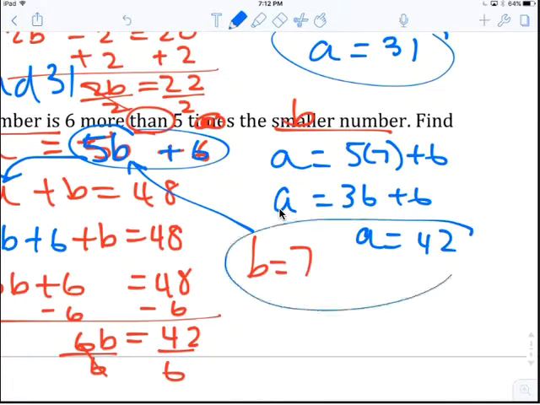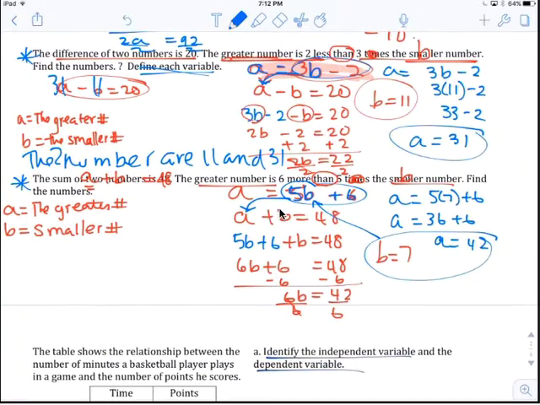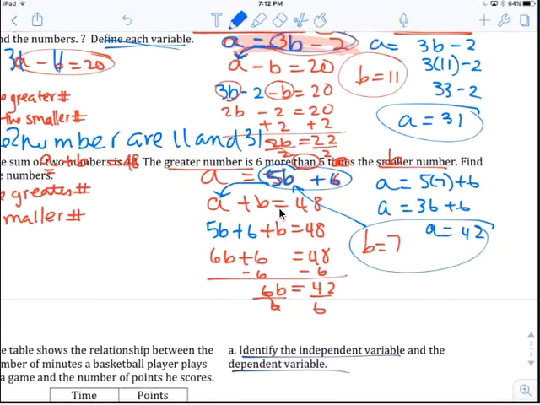Now those two added together, A plus B, should be 48. If you look at it, 42 plus 7 is 49. Uh-oh, I made a mistake. That's not good. Okay, where is my mistake, guys? Where did I add wrong?